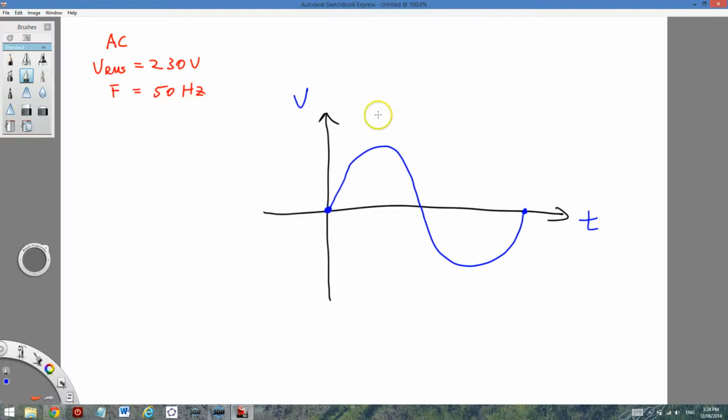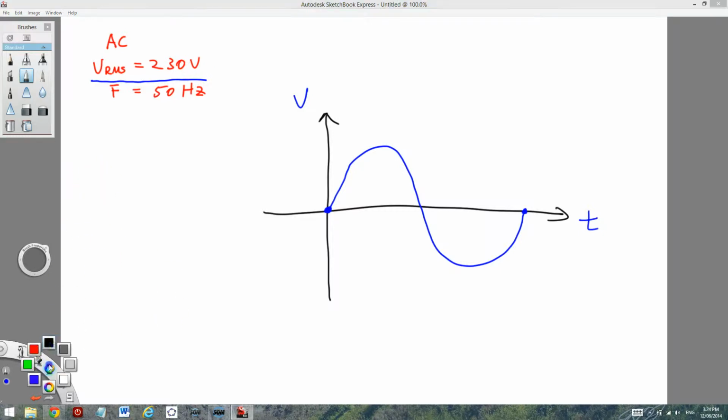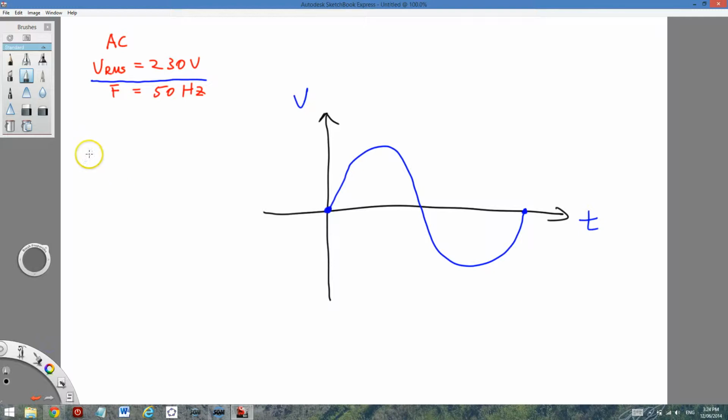Then I need to find the peak voltage. However, on the website I only have the RMS voltage, which is the average voltage. From our equation, and if you can't remember this equation, write it down somewhere, the RMS voltage is the peak voltage divided by square root of 2.